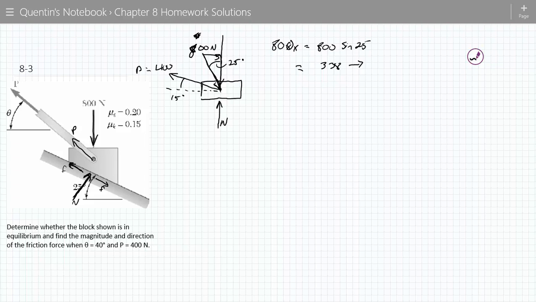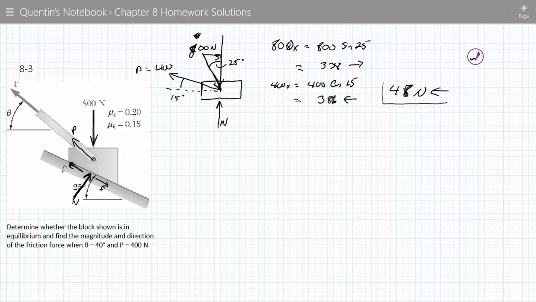And the x component of the 400 is going to be 400 times cosine of 15, which is 386, going off in that direction. So if you take the difference between these two, there's a net total of 48 newtons wanting to go this way.